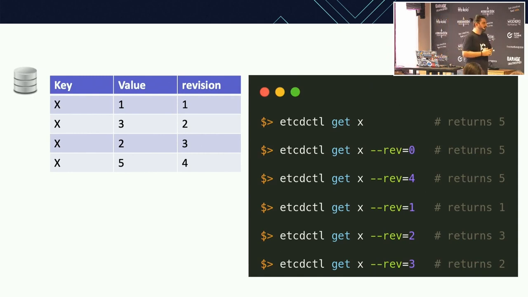Another thing with etcd is that etcd stores the data in revisions. If you run the etcdctl command, say we have some key x and we change its value over different revisions, you can still get the previous revisions' values from etcd as well.